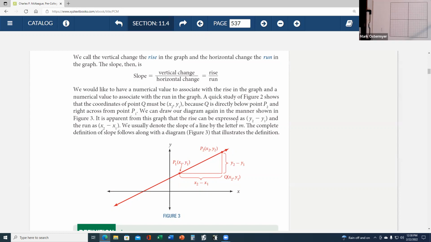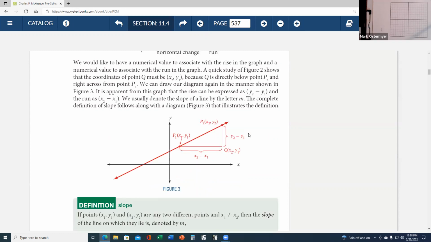To be more specific, how much rise exactly do we experience if we walk from point P1 up to point P2 on this line? The amount of rise is represented by the difference in the y coordinates of these two points. So y2 minus y1, the y coordinate of P2 minus the y coordinate of P1, is the amount of vertical change, or rise.